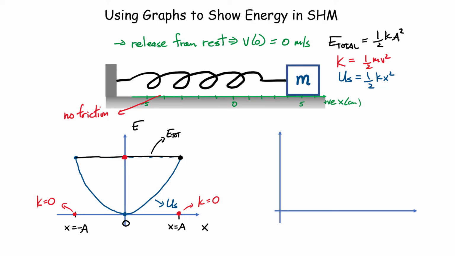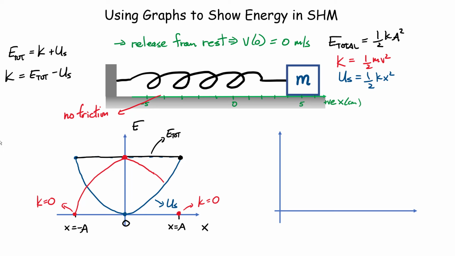Now, if we write down this equation here, the total energy equals the kinetic plus the potential, the way that you get an expression for kinetic energy is doing something like this. So it's E total minus U_S. So E total minus U_S should look like a parabola that is inverted.